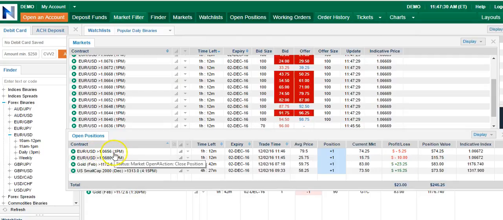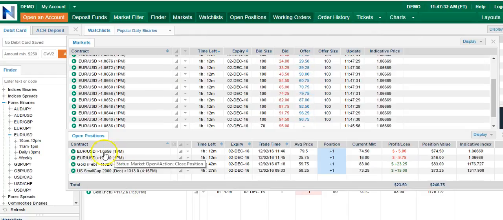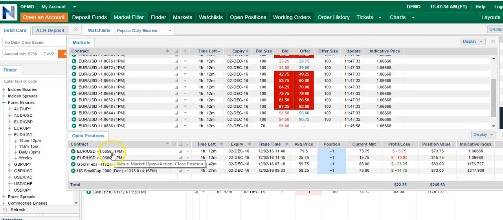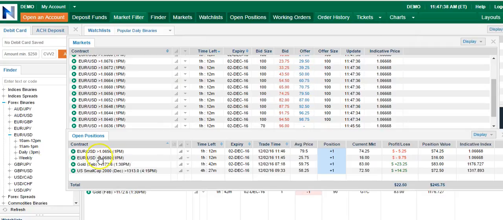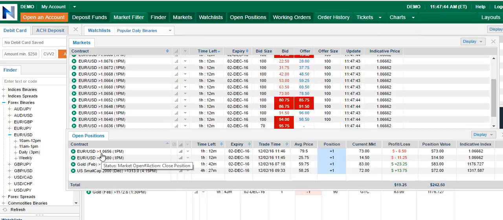So I would still win that trade if it closed at 106.60 as this example. So it's a higher win rate theoretically, as long as the market doesn't move significantly. But you're not going to win as much either.